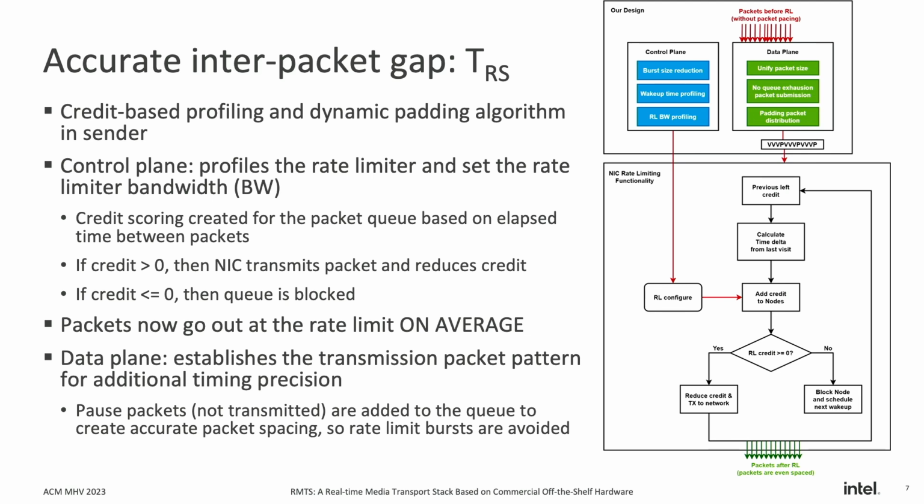There's the credit-based portion, and in the credit-based portion, what we do is we first profile the rate limiter. So we run some tests on it, and once we've done the profiling, we set the specific rate limit that we think is going to give us the best average performance.